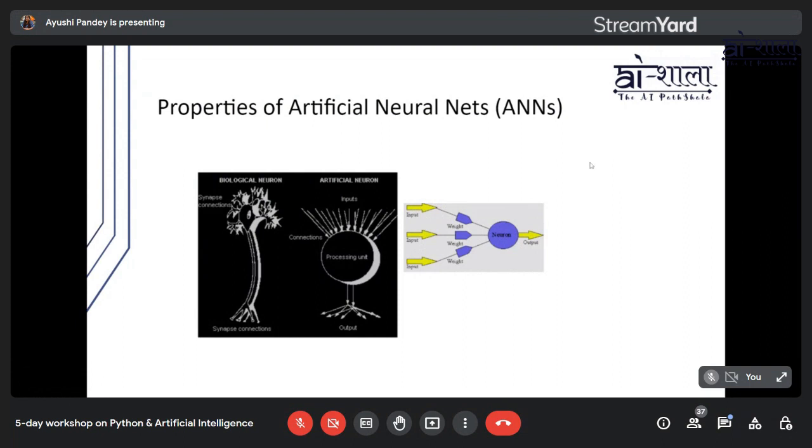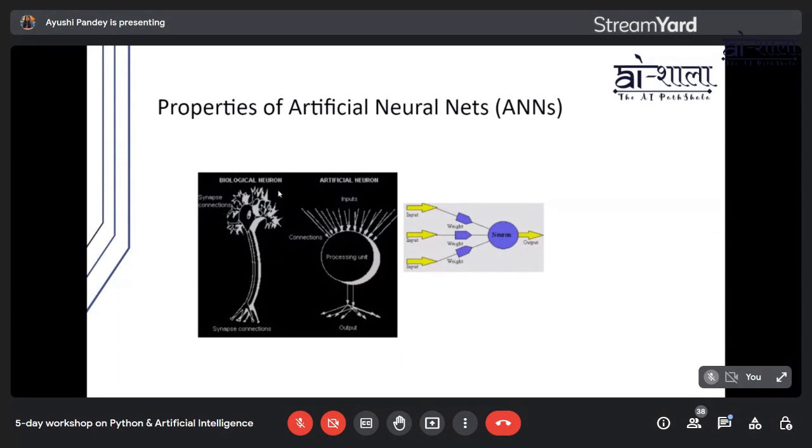Similarly, these neurons can be interconnected in layers of connection, as in our brain, to learn. Each of these units is known as a node. This is a single layer, which is also known as a perceptron. Our brain has thousands and thousands of neurons connected, so we can have a deep neural network, which has many layers connected.